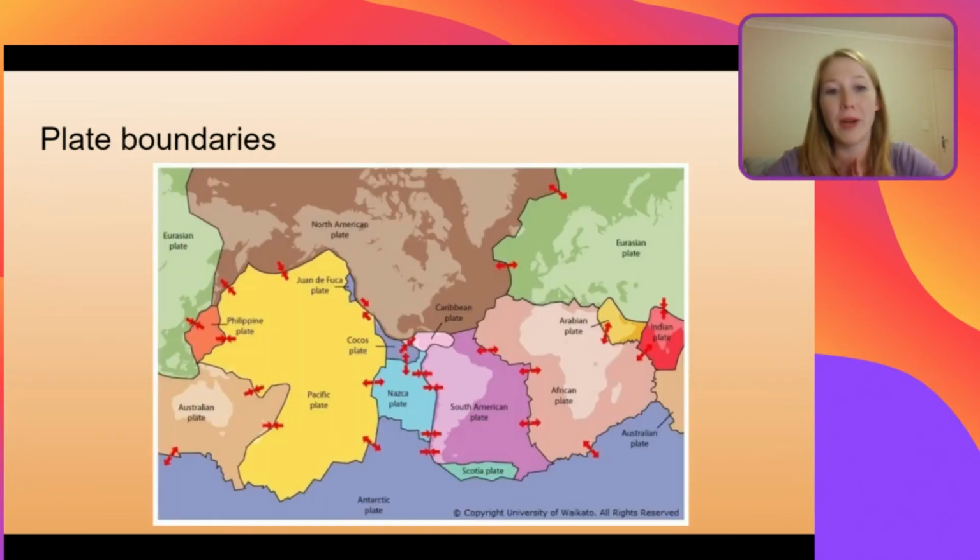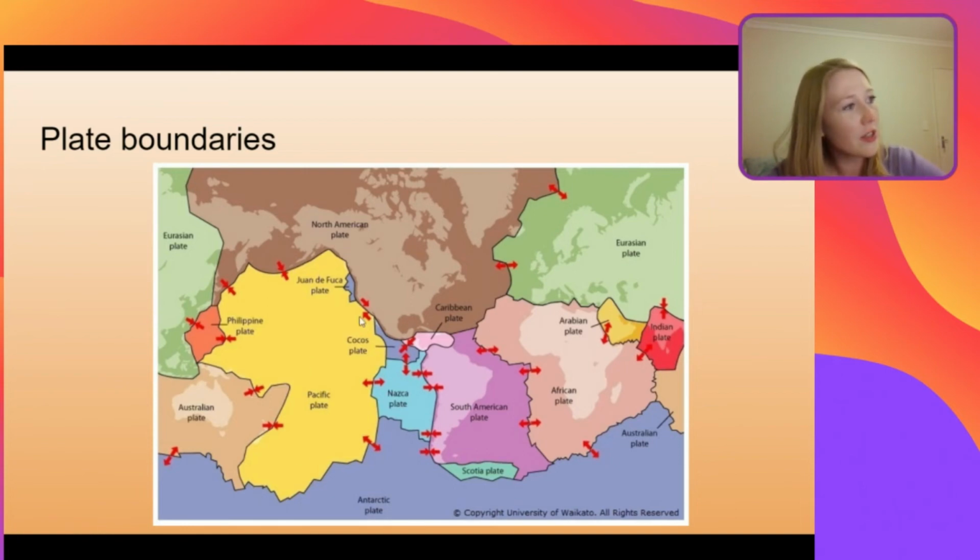This map of the plate boundaries I like because you can see where the plates are converging and where they're diverging. You can see it's diverging over here, so it's moving from the east towards the west. And you can see all over here it's diverging, and all over here it is converging, moving in that direction.